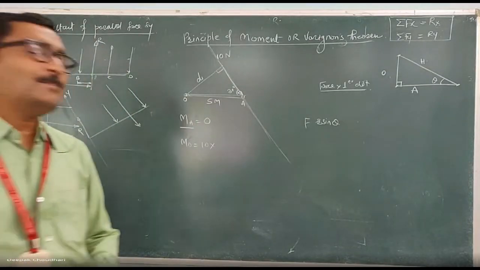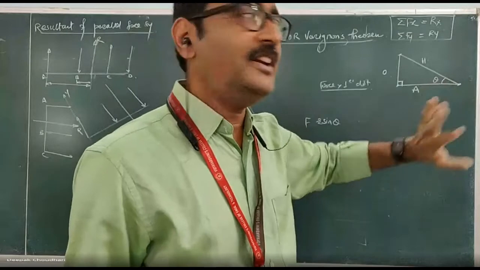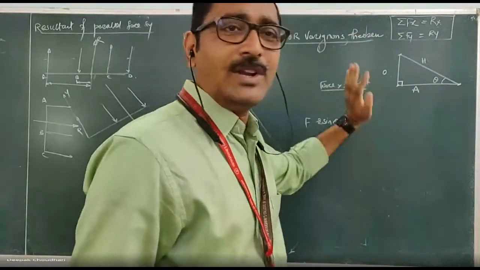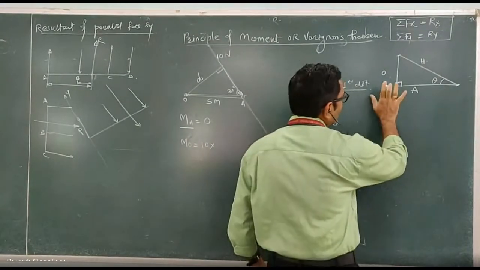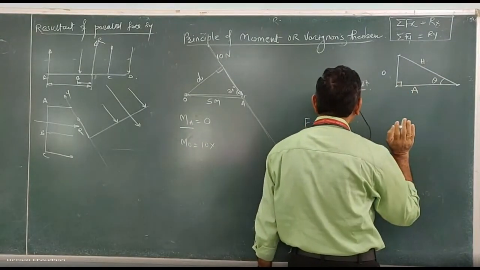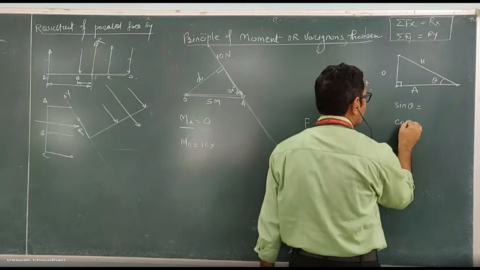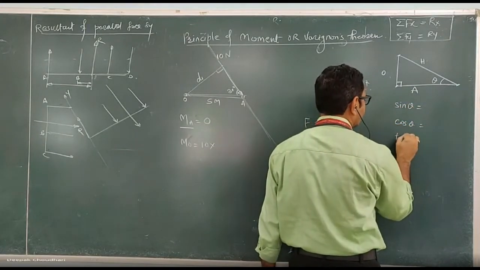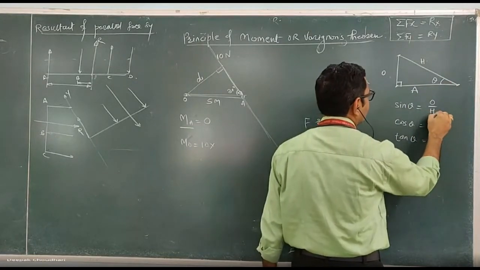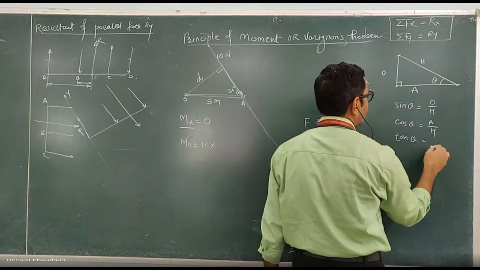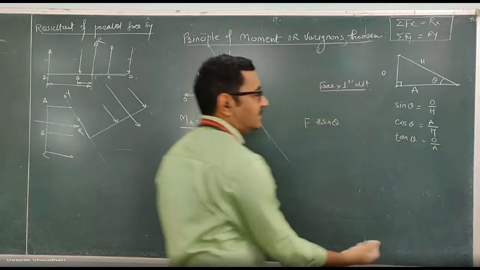Now you have to use this concept a number of times, and every time it is not possible to write all these things from basics. Sometimes any two sides will be given, you have to calculate the angle; for that you can use sin, cos and tan. Clear: sin theta equal to opposite upon hypotenuse, cos is adjacent upon hypotenuse, tan is opposite upon adjacent.